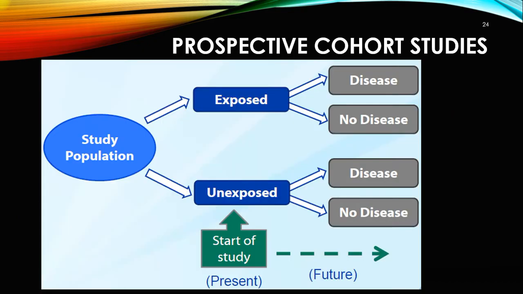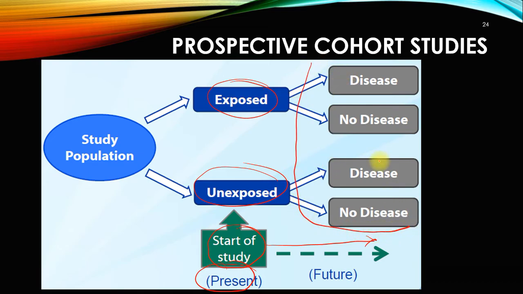Okay. So the study design of the prospective cohort study is this: we have two groups, the exposed and the unexposed population. At this particular point we start the study, so that is the present, and we move into the future. In the future we observe the outcome.